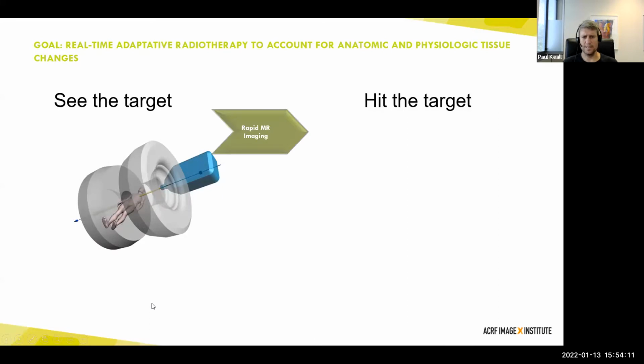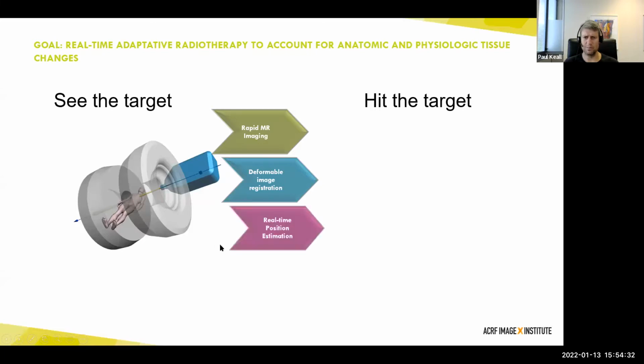So how do we link them again? If we're looking from a physics, biomedical engineering perspective, then the tasks: we want to see the target. How do we do this? We need rapid MR imaging. We need image registration tools because we've got a volumetric problem.